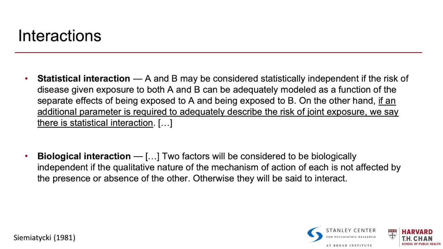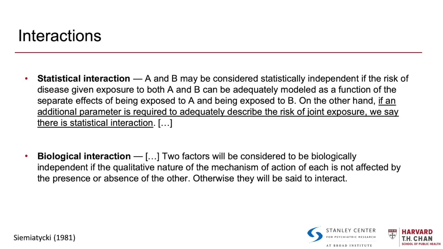So you have exposure A, exposure B. If they are coming together to give rise to our outcome of interest, we say that there is statistical interaction. We'll look at this in greater detail.